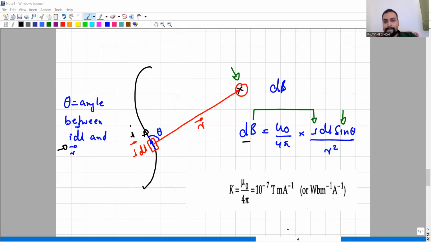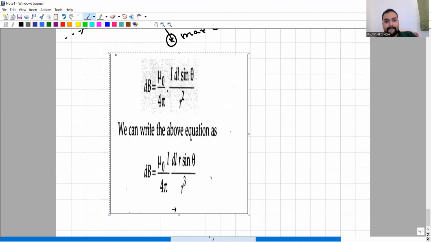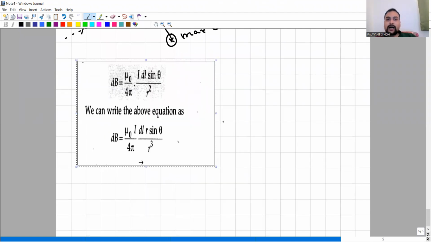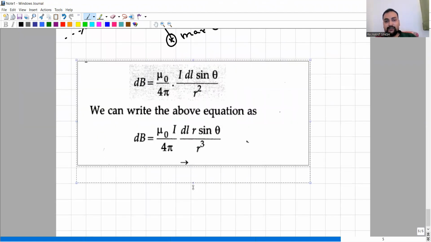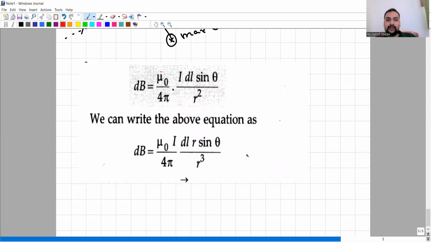Now, if you just change this r square into r cube, and put an r on the top again, then the numerator here will become I dl r sine theta.